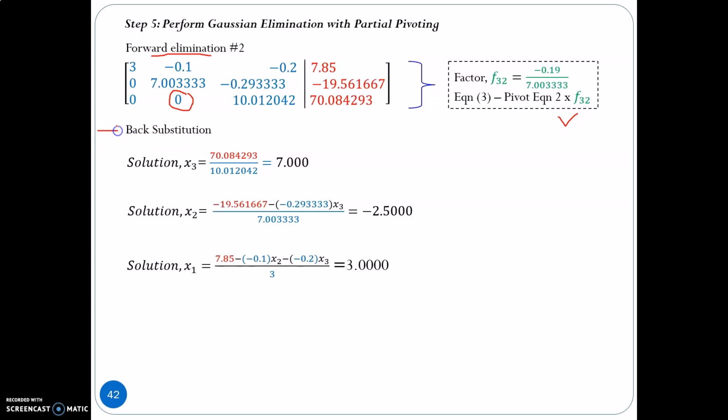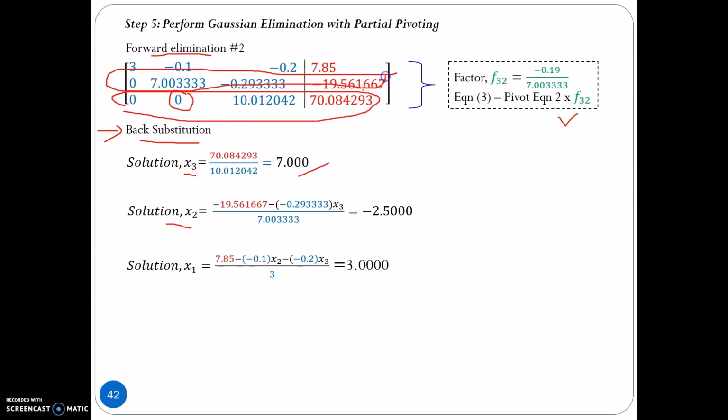And then you continue with the back substitution to find x3 first, from this equation, followed by x2, which can be found from this second equation, and then lastly x1 from the first equation. So this is the backward substitution.